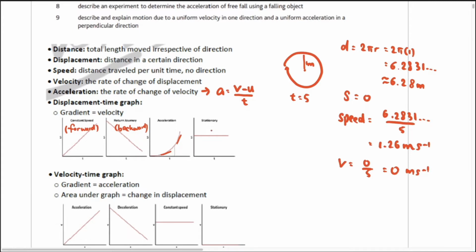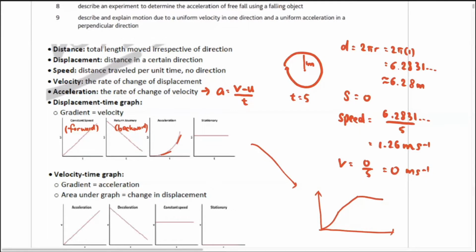Okay. Now, sometimes we put the graphs together in a situation like this. So for example, a curve followed by a straight line, followed by a horizontal line, followed by going down.